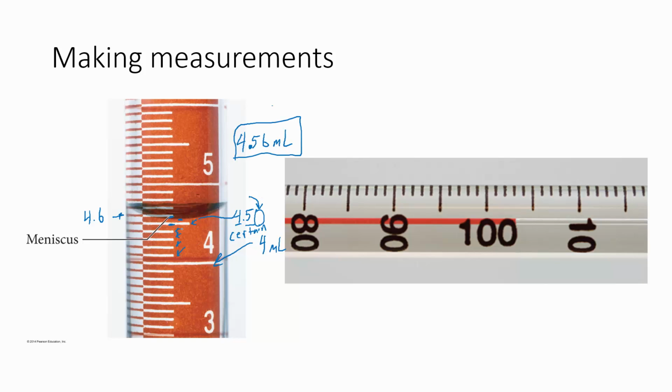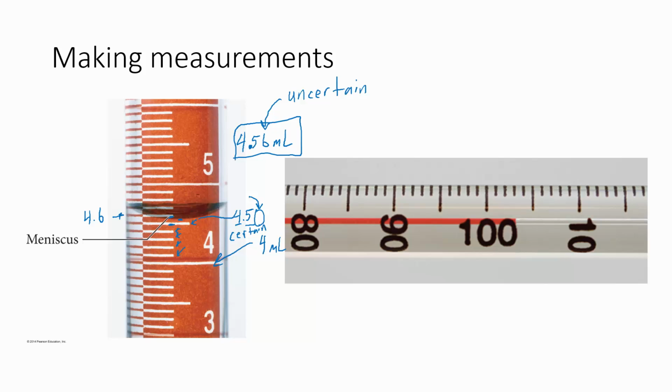Okay, so you're looking at this and you're saying, yeah, it could be 4.56, but I think it's a little bit closer to maybe 4.57. Or some people might say maybe it's a little closer to 4.55. That's very valid, because this last digit, just like in all the other measurements that we were looking at before, is the uncertain digit.